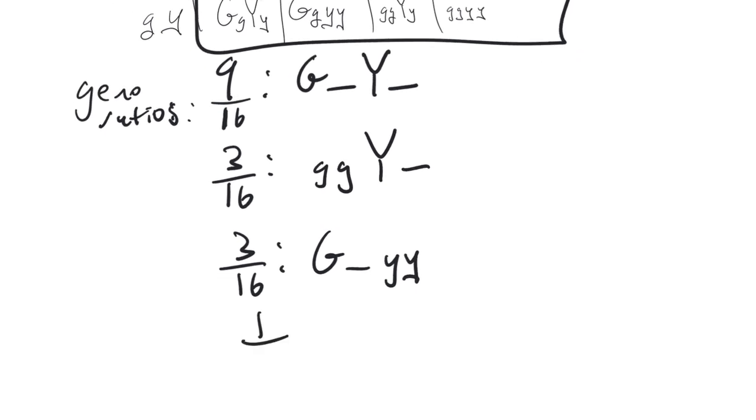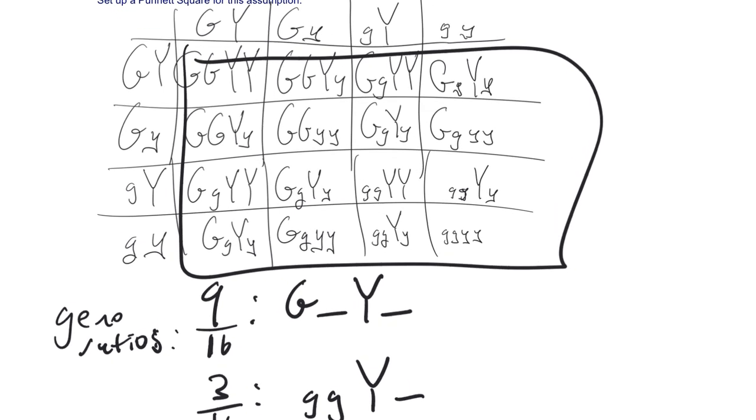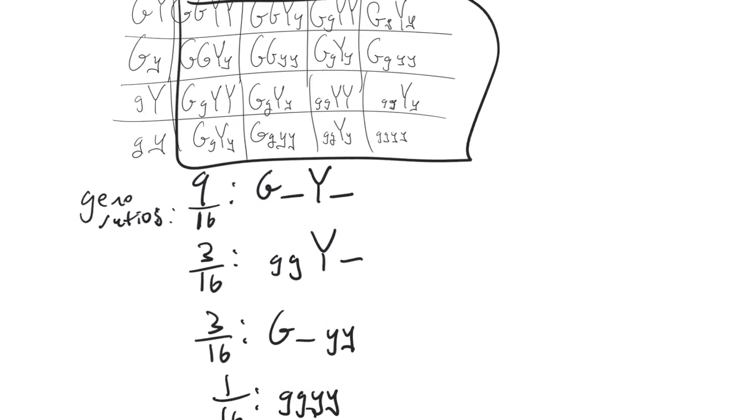And only 1 out of 16 will be everything little. Okay, so that would be the genotypic ratios.